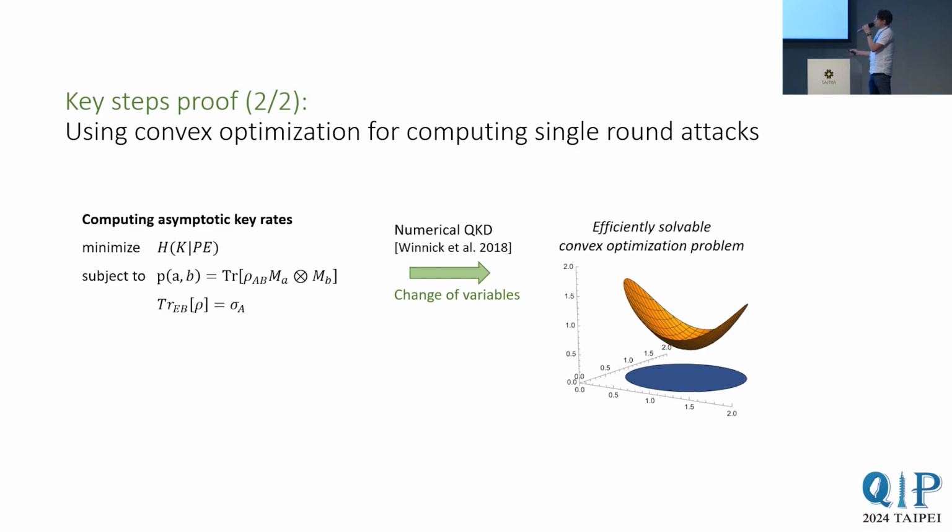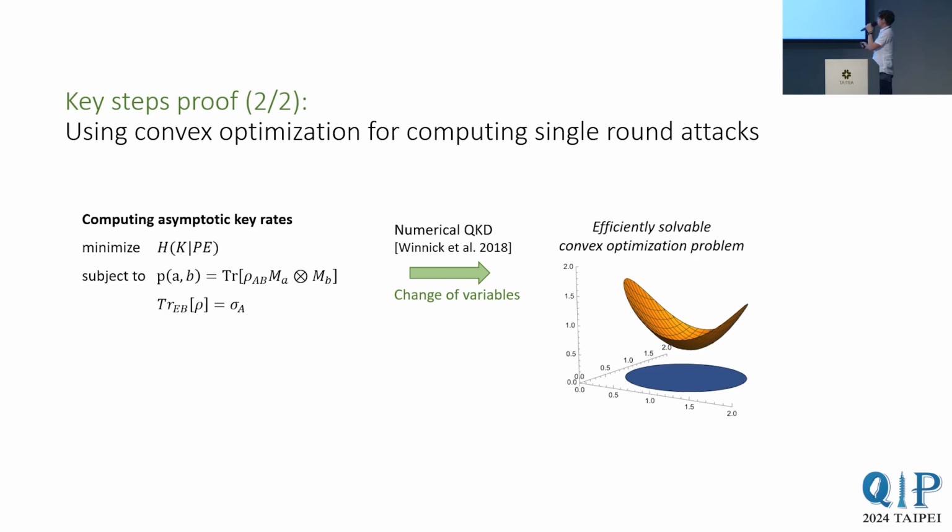In numerical QKD, basically the framework that is used to compute asymptotic key rates using numerical methods, the idea is that you start from some optimization problem where you want to compute some entropy conditioned on some statistics. And the main idea is that while this initial problem is not convex, you can do a clever change of variables where you can make your problem convex.